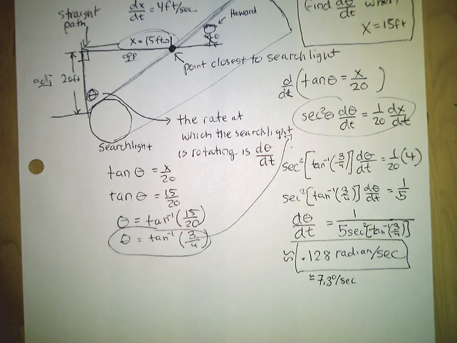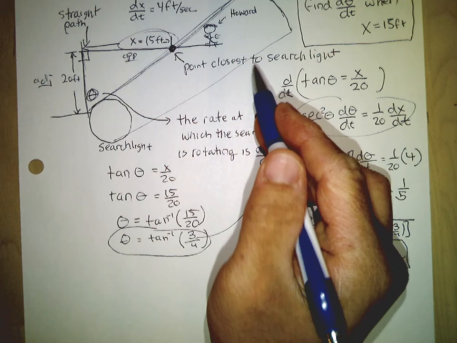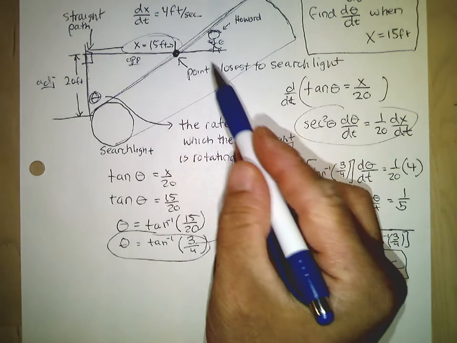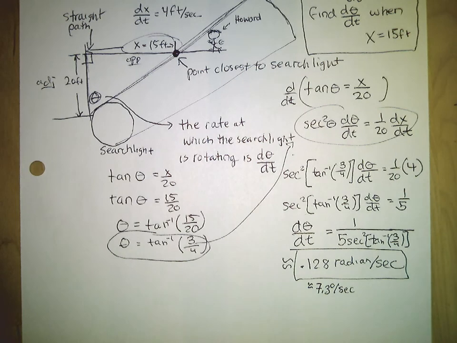If you think about what 7 degrees actually looks like, this isn't really much of a tilt, but it's enough to make sure that the spotlight continues to be focused on Howard as he plans his escape path over there.